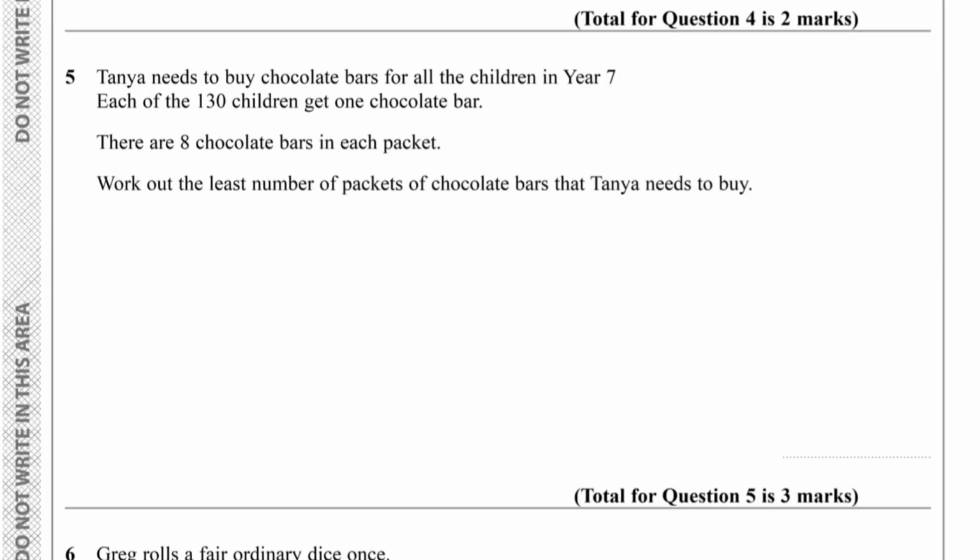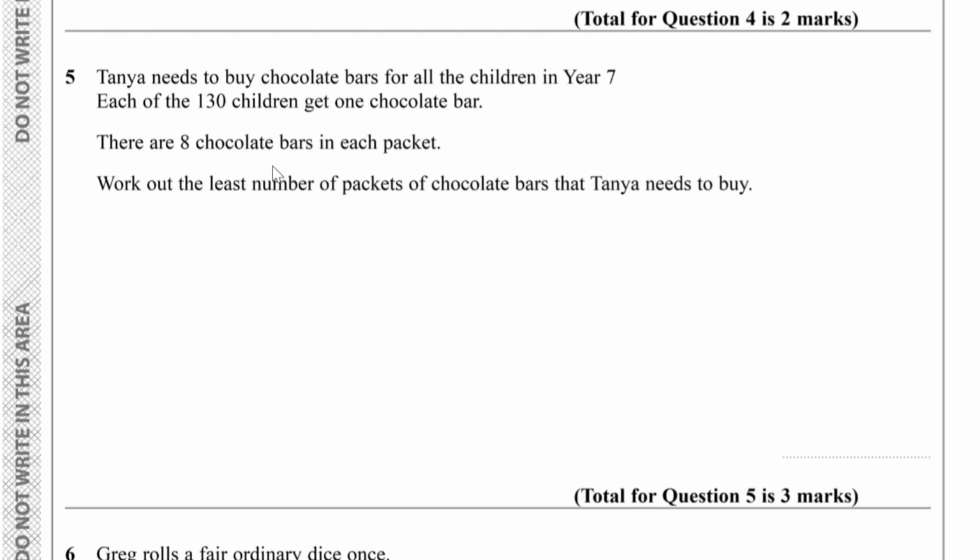Question number 5. Tanya needs to buy chocolate bars for all the children in year 7. Each of the 130 children gets 1 chocolate bar. There are 8 chocolate bars in each packet. We have to work out the least number of packets Tanya needs to buy.